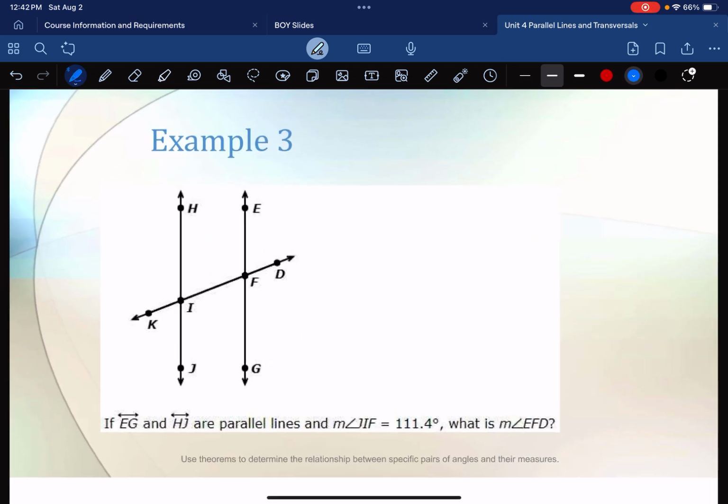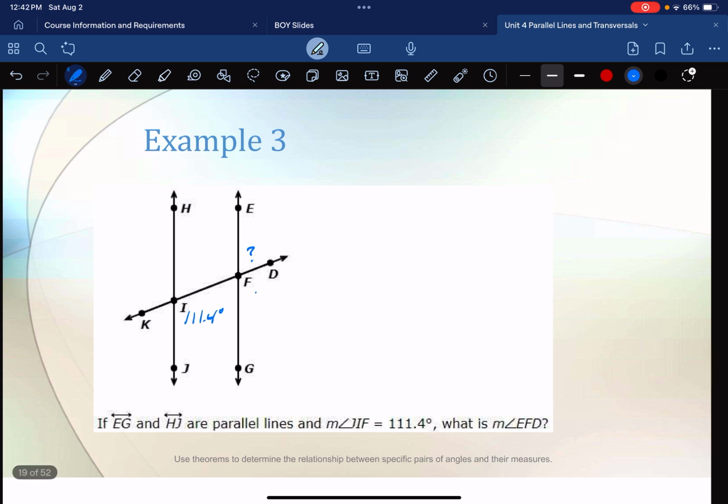EG is parallel to HF or HJ. Angle JIF, here it is, 111.4 degrees. How about EFD, this one? Well, are they going to be equal or 180?